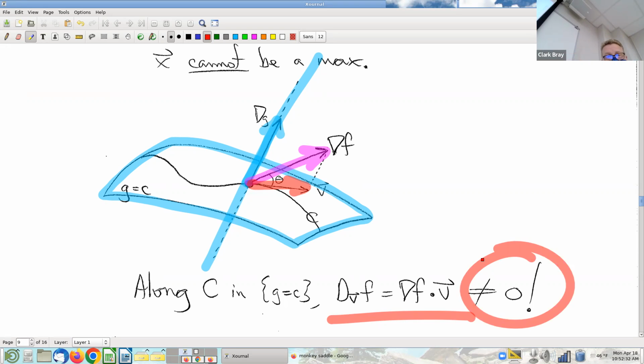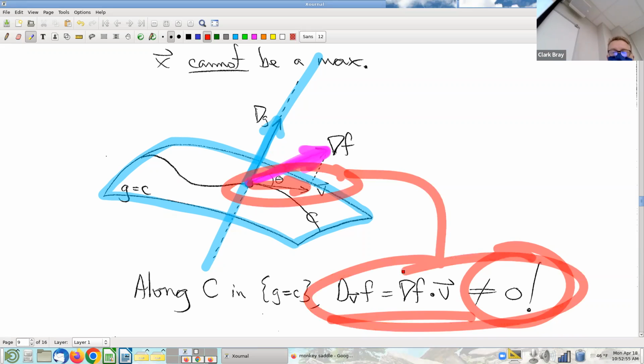Now, this is a slight variation of the argument we made in the unconstrained case. In the unconstrained case, we said, hey, just go in the direction of the gradient. Well, I can't here. I'm stuck on the constraint set. I'm not allowed to leave that blue constraint set. But if it's leaning off axis like this, then even though I can't actually go in exactly that direction, I can go somewhat in that direction and it's still increasing.